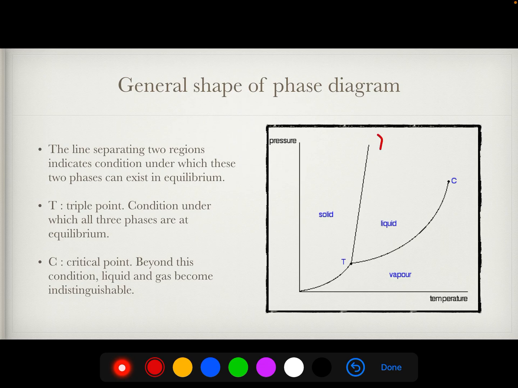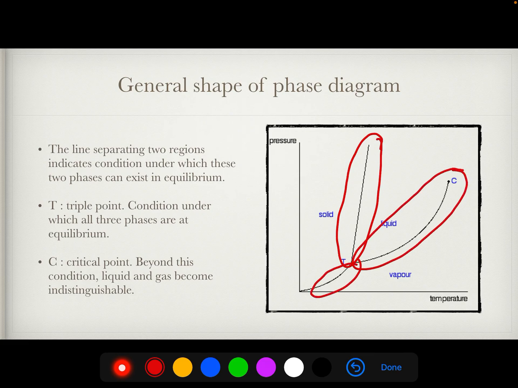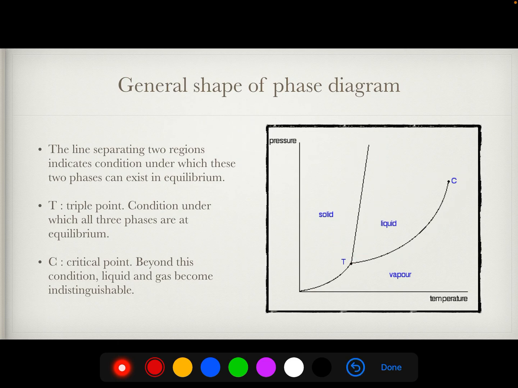All these lines are actually separating two regions and indicate the conditions under which these two phases can exist in equilibrium. So if we look at this line, it is showing equilibrium between solid and liquid.